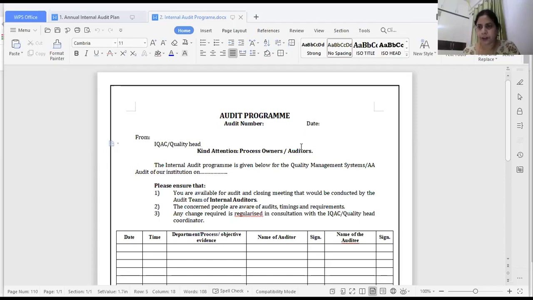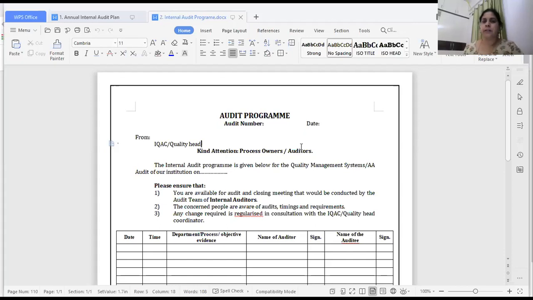And if you have, in a month, say 3 to 4 different processes to be audited, then whatever you are planning for that month's audit has to be mentioned here, and everybody should know that you are coming for the audit at least 1 week before.